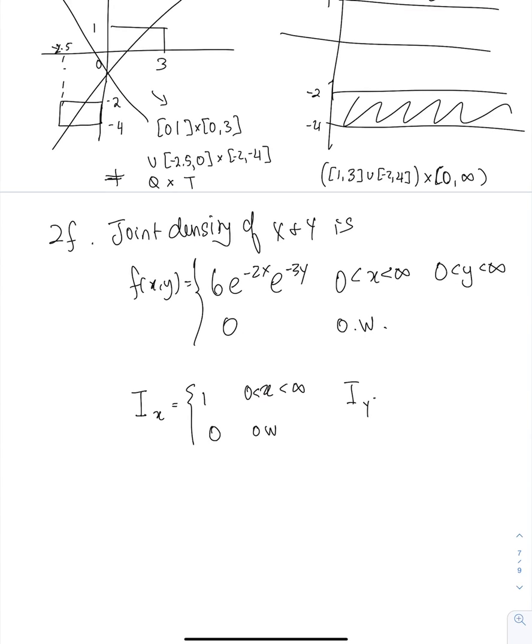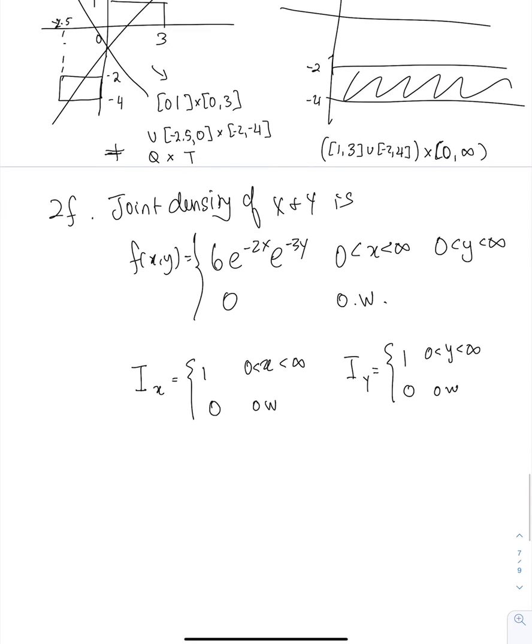Let I sub y be 1 when y is between 0 and infinity and 0 otherwise. Okay, so this is just some function of x and y. It's the same function over here. So I is a function that's 0 if you're 0 or negative, and it's 1 if you're positive.